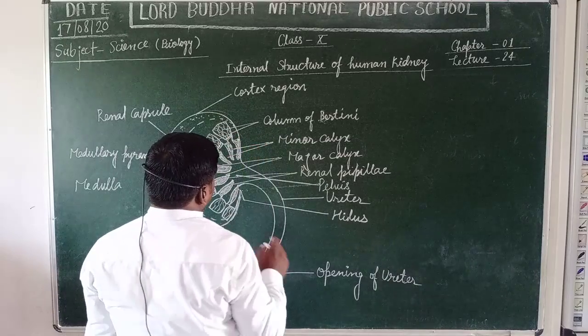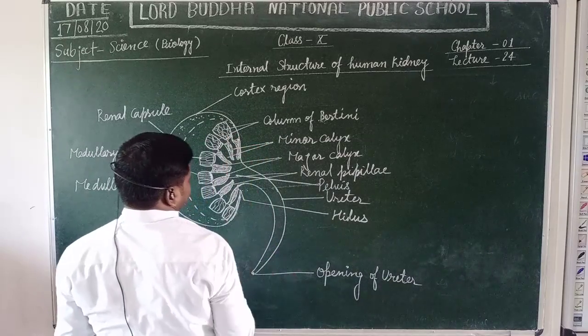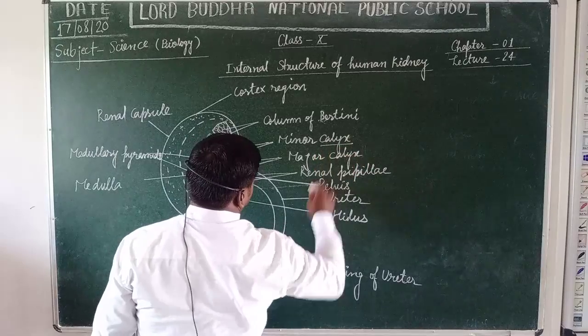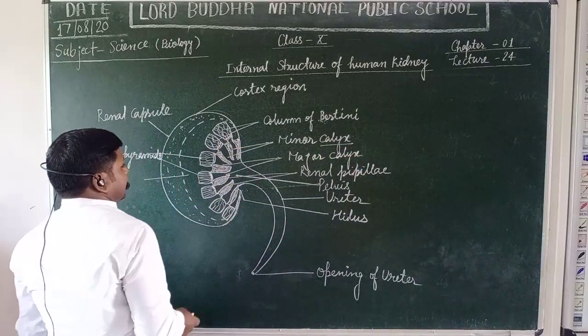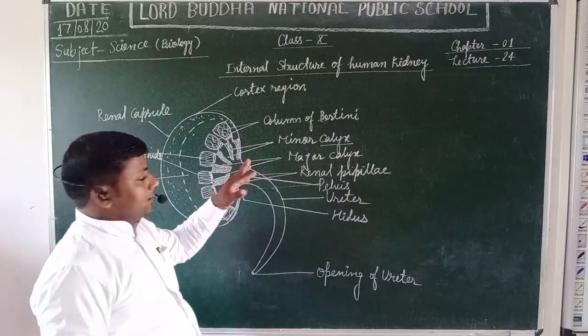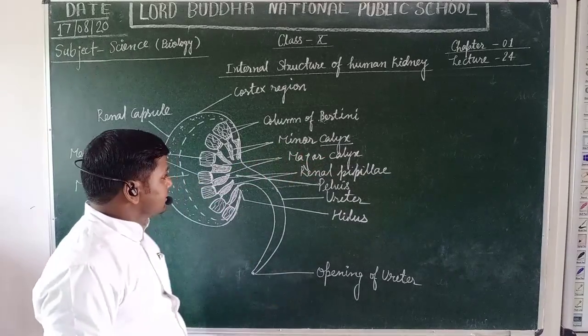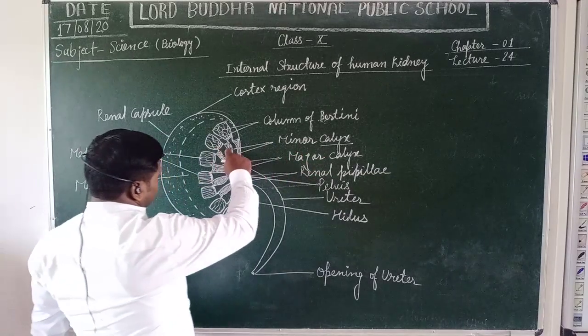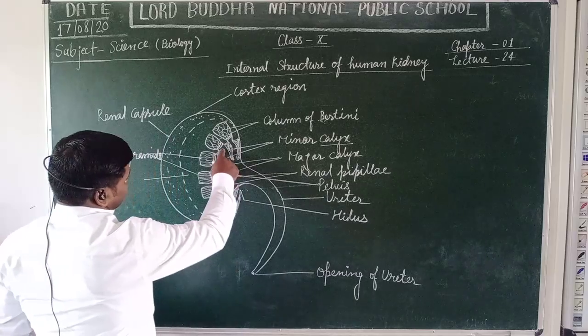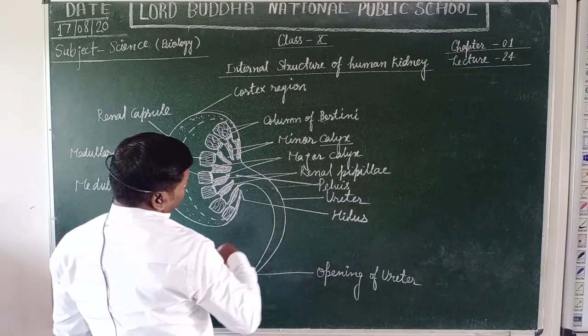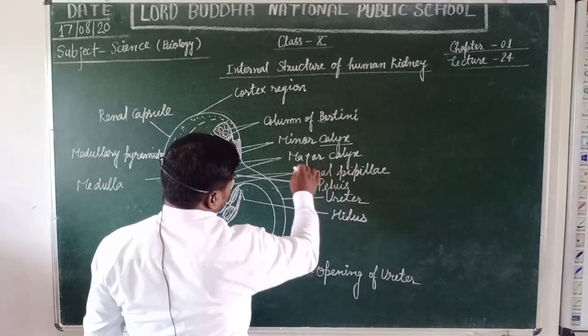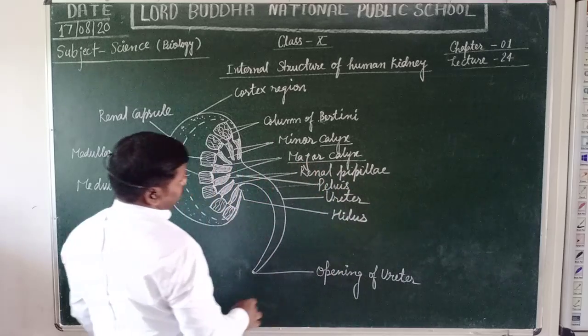Each pyramid is present at a strand-like structure that is called calyx. When the calyx is unbranched, it is called minor calyx, whereas when two or more calyx unite to form a common opening, that is called major calyx.